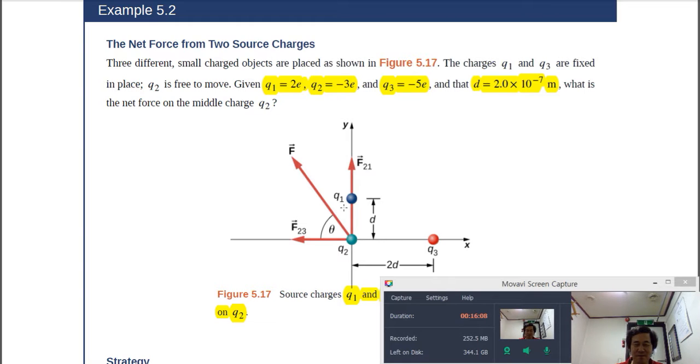So we have force F21 in the y direction acting on Q2 due to Q1, whereas force F23 acting on Q2 due to Q3 is in the minus x direction. According to the law of superposition, we need to add this force and this force, and then the total force will be like this. So we want to calculate this total force.